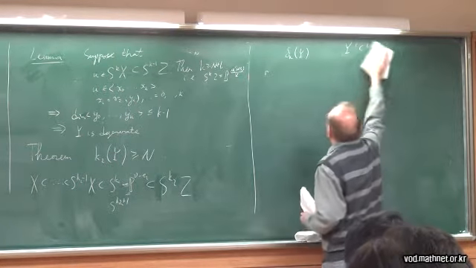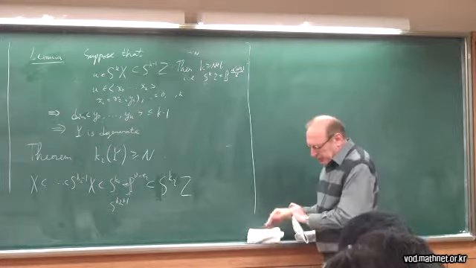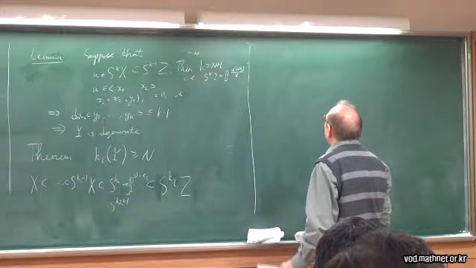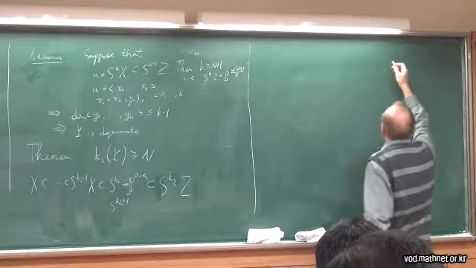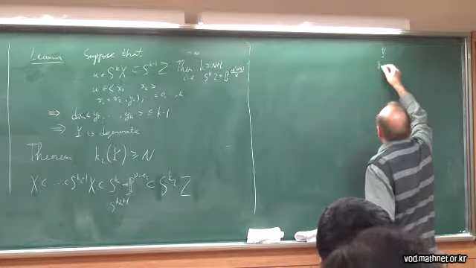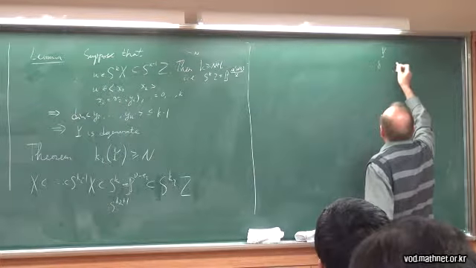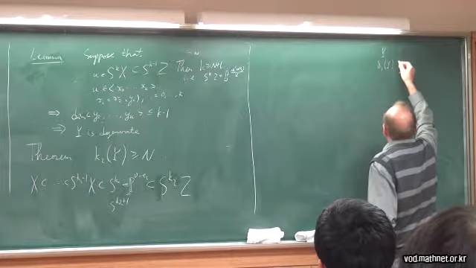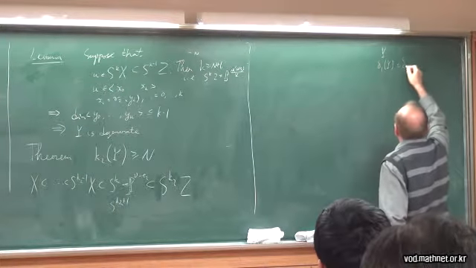Some properties that are valid in general I mentioned in a lecture, maybe the last lecture. There I proved that for an arbitrary variety y, the secant defects are monotonous.